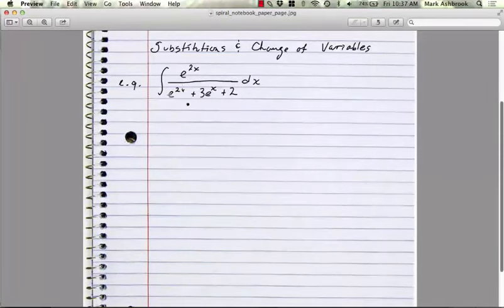Yeah, so this is really like a polynomial in disguise, right? This is like a polynomial like the ones we've been dealing with. This is really like something squared plus 3 times something plus 2. Well, that's just a quadratic polynomial, right? But instead of just x or some other variable, everything's like e to the x.